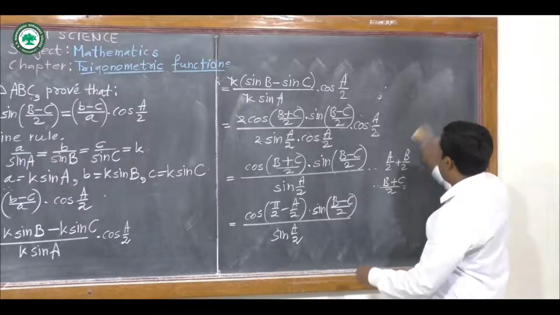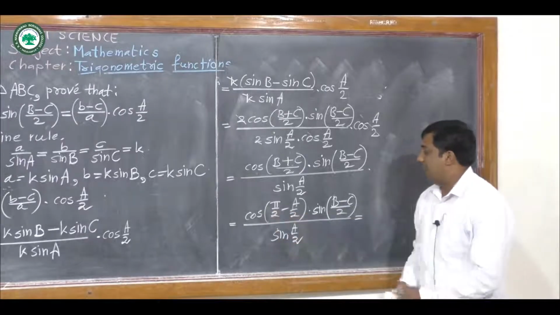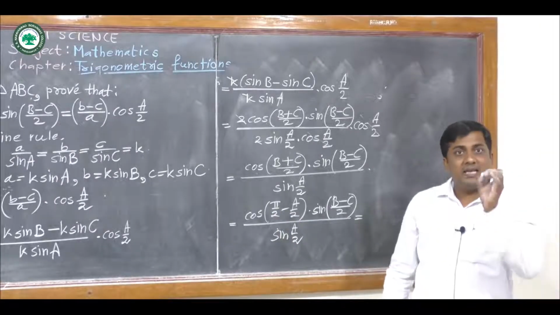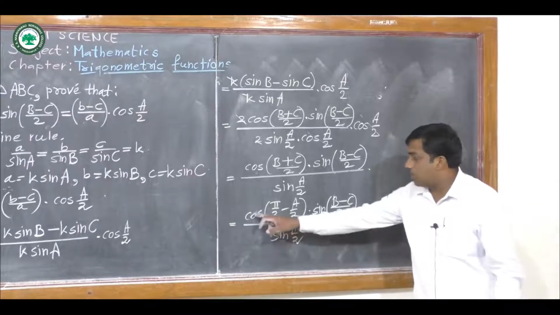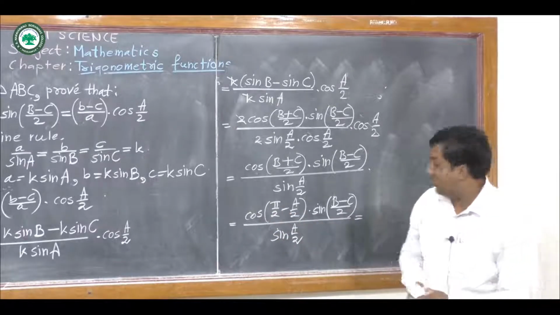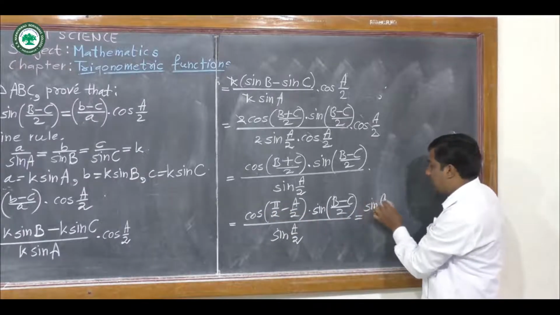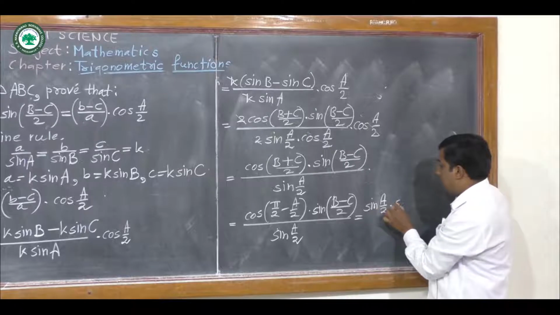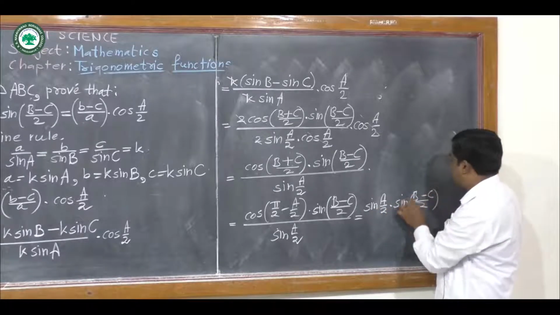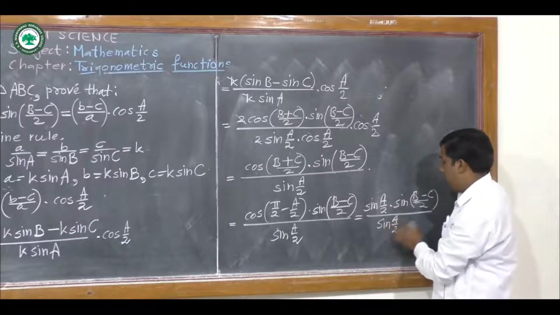Now this is equal to, we know cos of pi by 2 minus A by 2 is sine A by 2. Everyone knows cos of pi by 2 minus theta is sine theta. So cos of pi by 2 minus A by 2 is sine of A by 2. In the next, sine of (B minus C) by 2 as it is, divided by sine of A by 2.